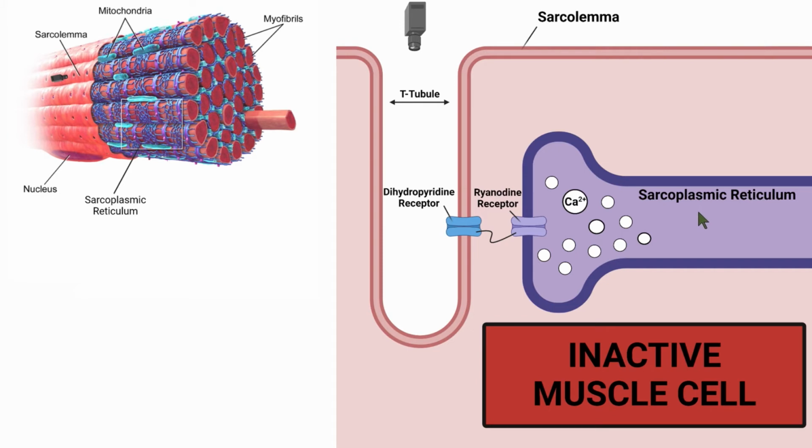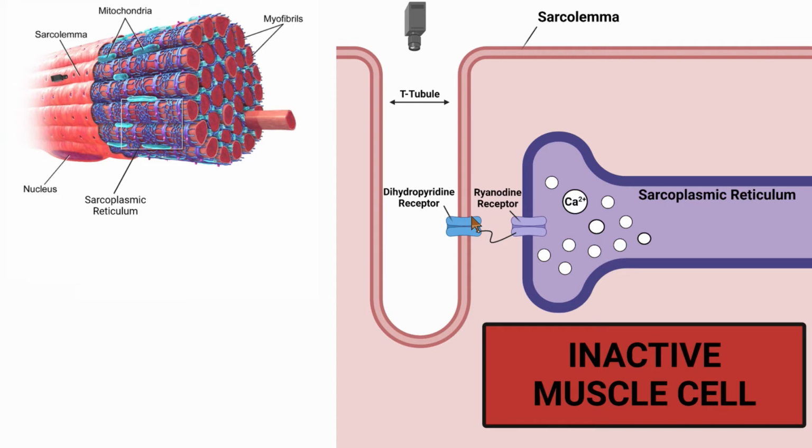So the sarcoplasmic reticulum comes right up very close to the sarcolemma, excuse me. So there's very little room between those two. And this allows for a mechanical linkage between the dihydropyridine receptor and the ryanodine receptor, which is found on the sarcoplasmic reticulum. But both of these are still closed, right?